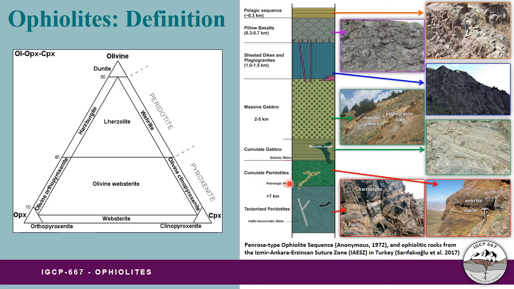This section formed by these rocks is known as Penrose-type ophiolite sections. The mafic-ultramafic assemblage formed as a result of seafloor spreading in a mid-ocean ridge or subduction zone oceanic environment during different stages of the Wilson cycle evolution.